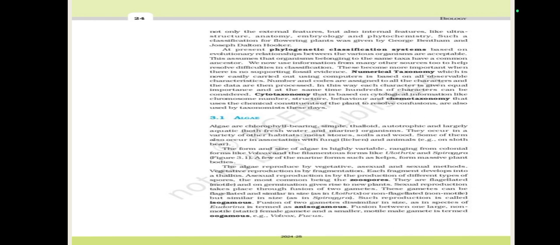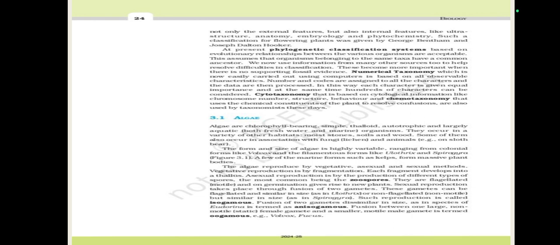These gametes can be flagellated and similar in size as in Ulothrix, or non-flagellated, non-motile, but similar in size as in Spirogyra. Such reproduction is called isogamous.